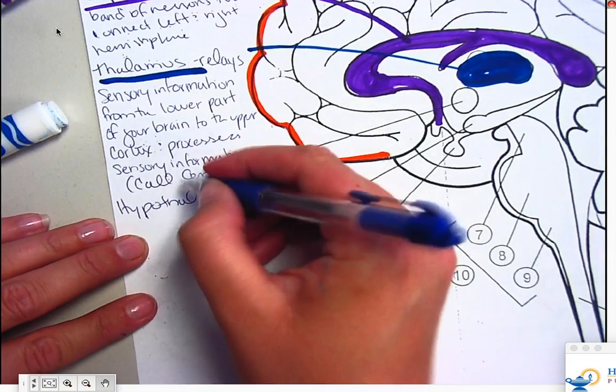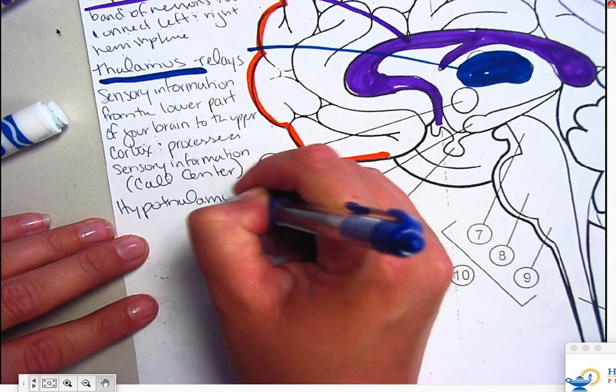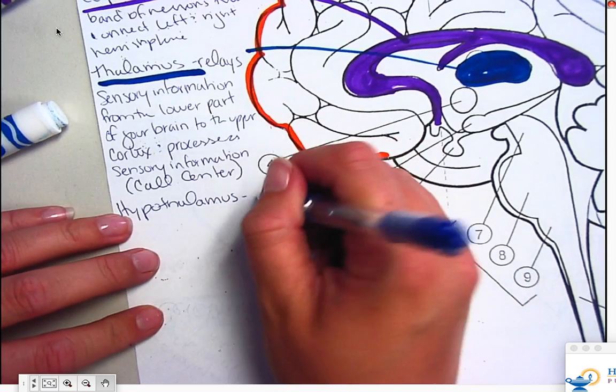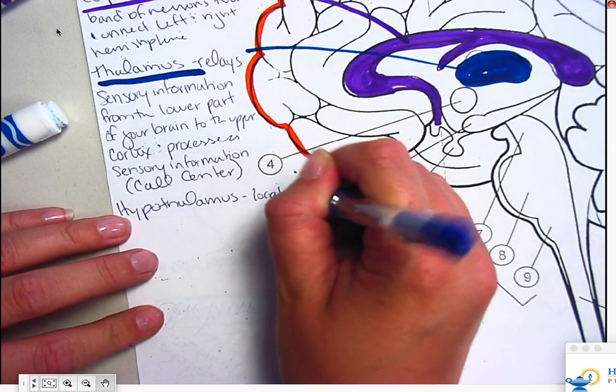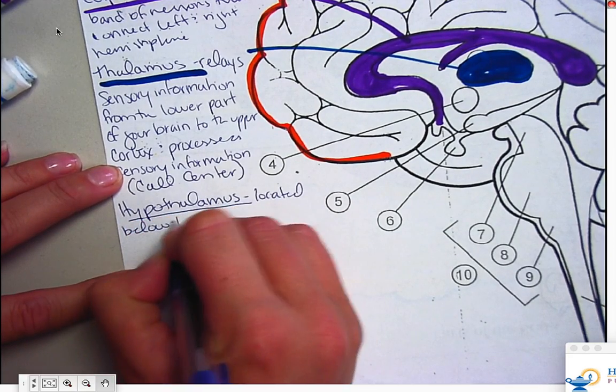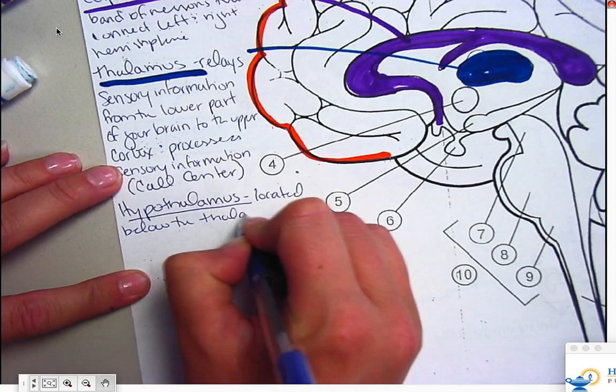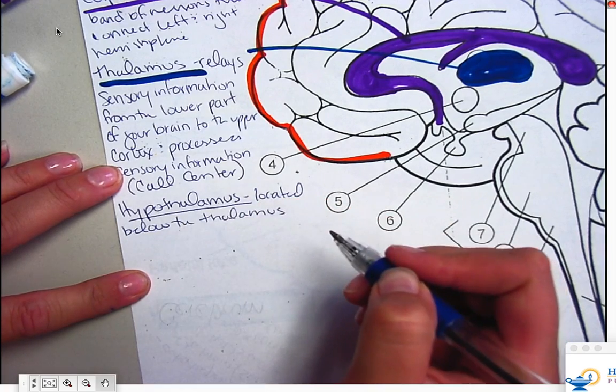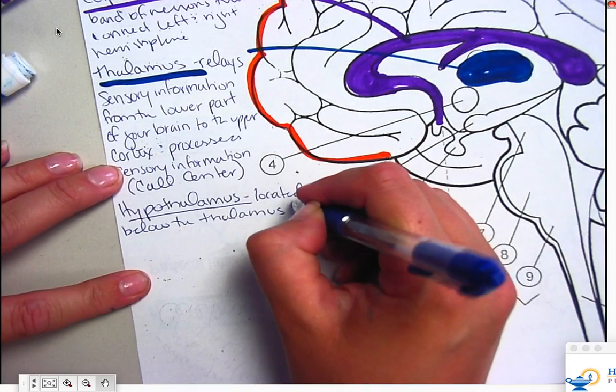So your thalamus is known as the call center and your hypothalamus is located below the thalamus and above the pituitary gland.